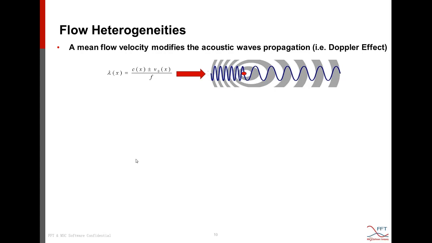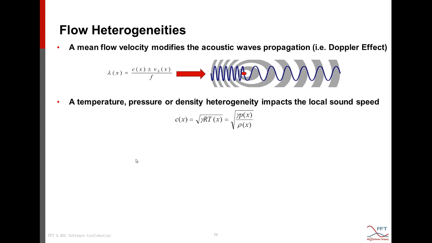Since the flow is an important one, it will modify the acoustic propagation significantly. And also the temperature gradient. As we have seen, we have temperature shear layers in the exhaust, which modify the local speed of sound, and that will also modify the acoustic propagation at the exhaust part significantly.